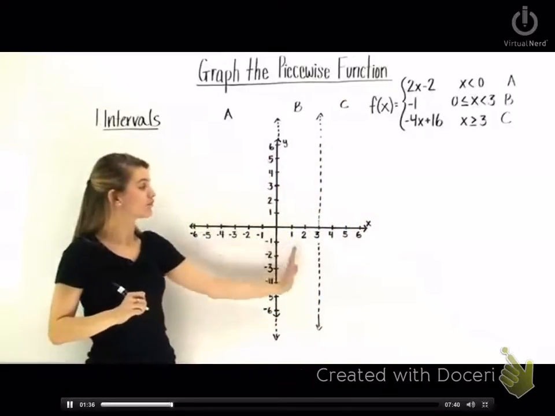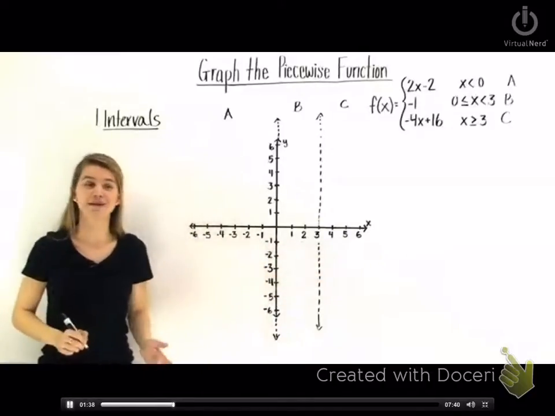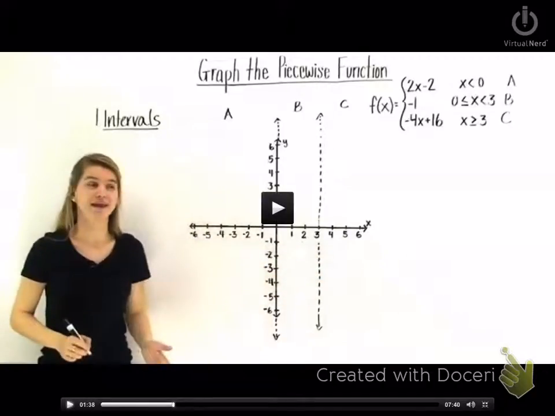Now that we have our intervals marked on our graph, let's go ahead and begin. So, when we have 2x minus 2, you will only see that equation in interval A, because you're only allowed to see that equation where x is less than 0, any of these.